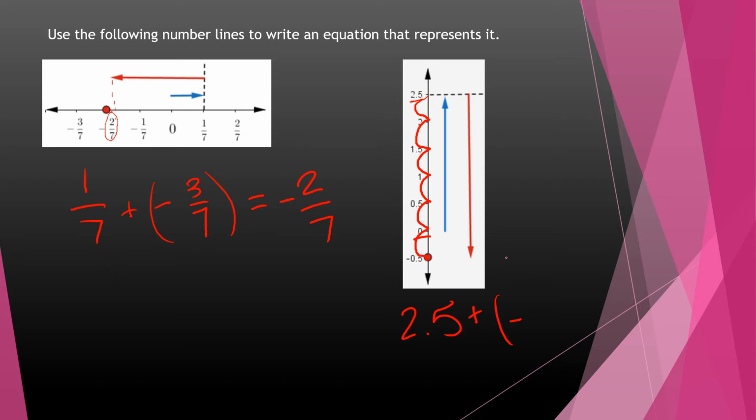So I moved down a total of 3 units. And then remember that wherever your red dot is on your number line, or where the second arrow ends, that is going to be what your equation equals. So here it ends at negative 0.5. So that is what my equation will equal.